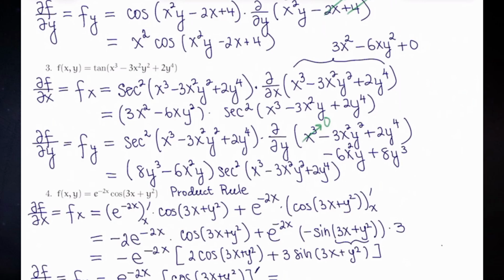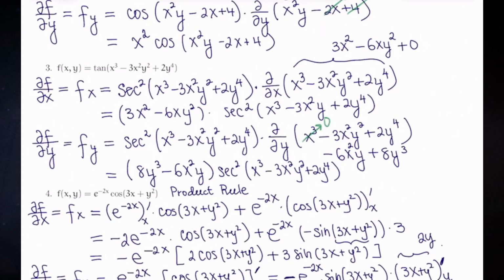The derivative of cosine is a negative sine, so I'm going to pull that negative up here. So negative e to the negative 2x times sine of this argument. And what about the derivative of 3x plus y squared with respect to y? Now x is a constant, y is the variable, this is 2y.